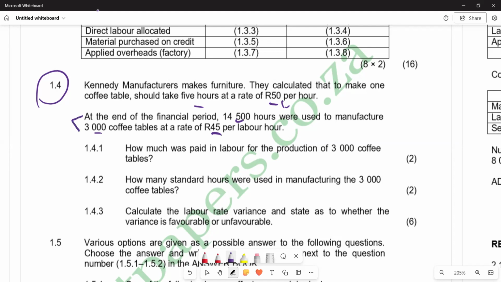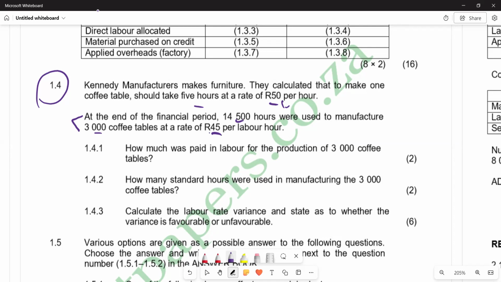It reads: at the end of the financial period, 14,500 hours were used to manufacture 3,000 coffee tables at a rate of 45 rand per labor hour. So what does it mean? We've got 14,500 hours being used, each labor hour costing 45 rand.